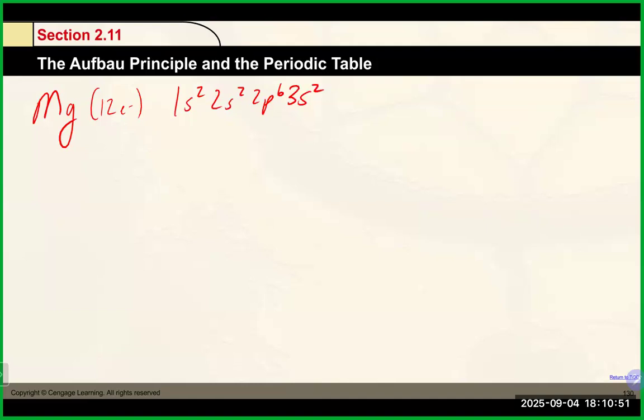Now, when magnesium gains a charge, it will be magnesium with a +2 charge. And we talked a little bit about cations and anions. That is a cation, which means that it has lost electrons.